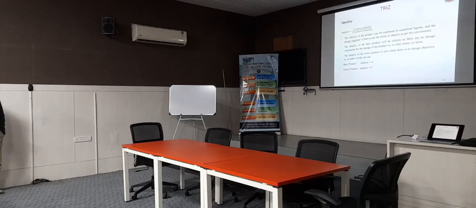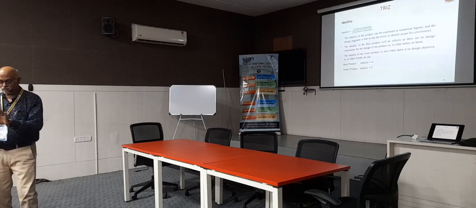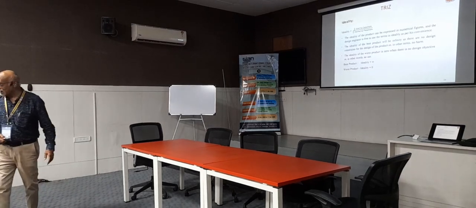So that's what they say. If your product is the best, then ideality will be infinity. And when your useful function is 0, that means ideality is 0. In that case, that particular product is a worse product.